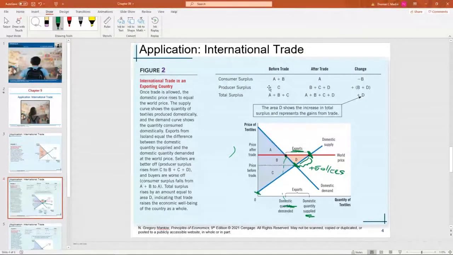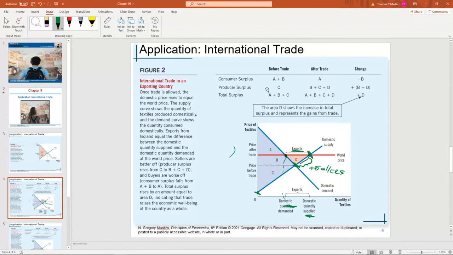When we looked at it before, with consumer surplus, A and B represented consumer surplus. That'd be, 1 second, before trade, A and B, after trade, A. Oh, that's just consumer surplus. Yeah, AB would be consumer. A after trade is consumer.